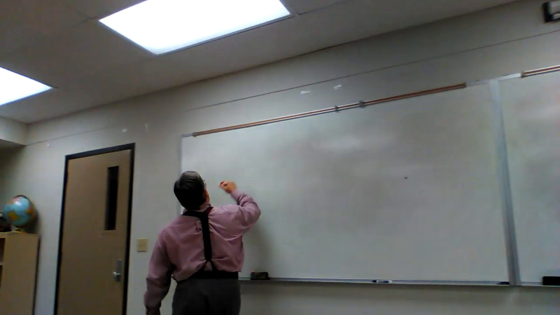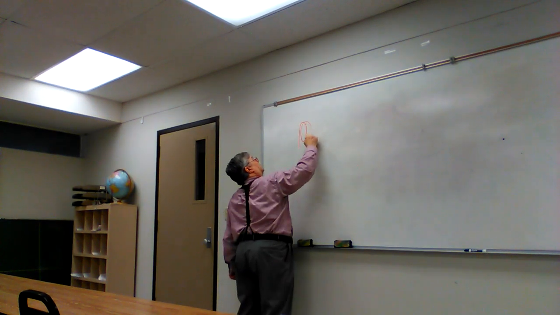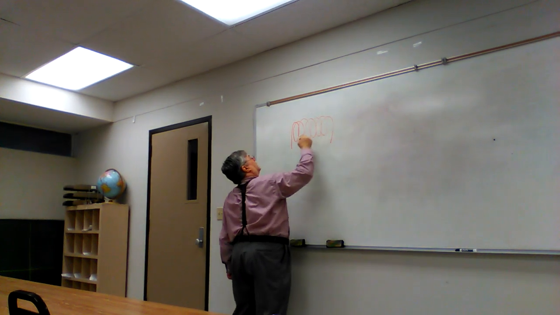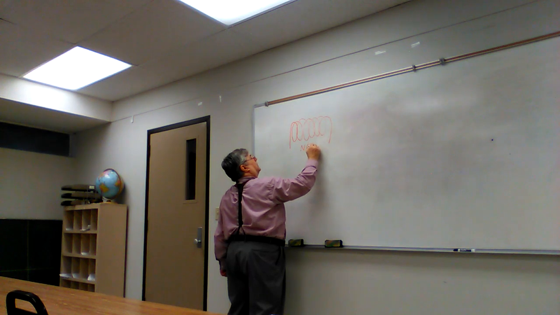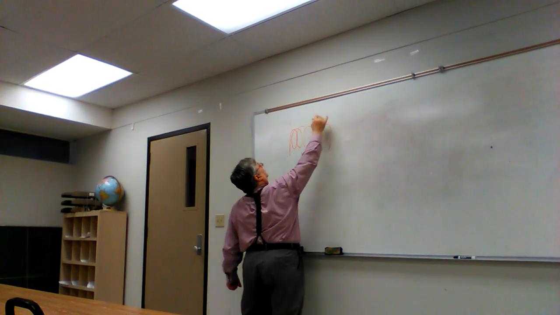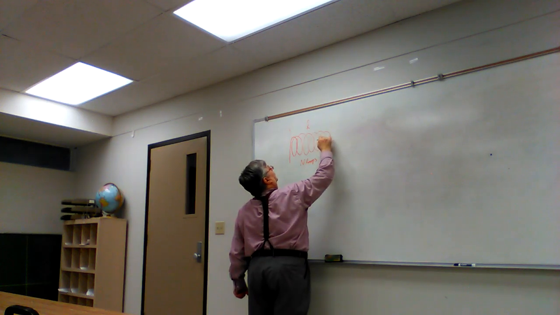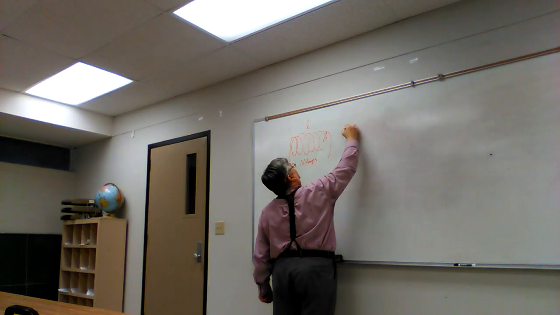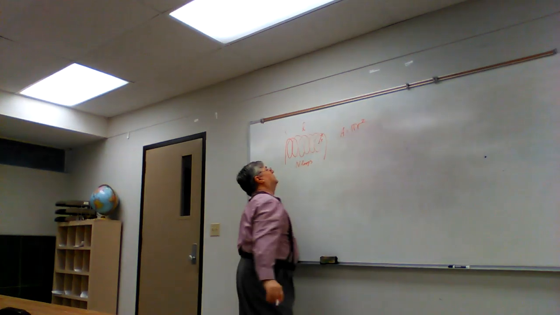We're going to take a coil of wire that has N turns, N loops, over a distance L, with a cross-sectional area of each loop, pi r squared.